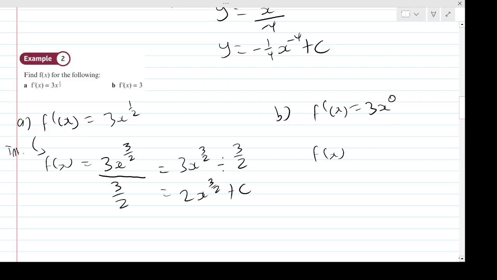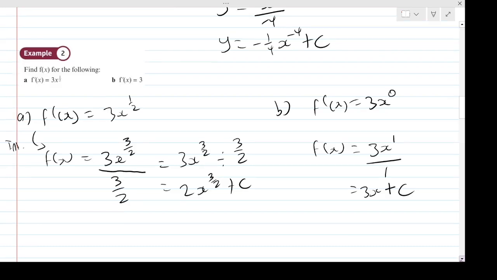Now, if we integrate this, 3, then x to the 0, we add 1 to the power first, so that'd be x to the 1. Then we divide by the power, so we're dividing by 1, which is just itself, so it's 3x, and x to the power of 1 is just x. So we just get 3x, and we need to add on a plus c at the end there.